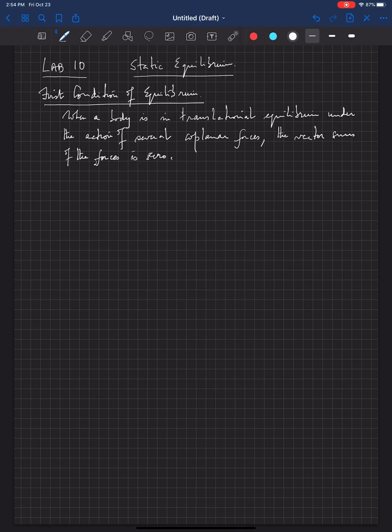Okay, and so expressing this in terms of mathematics, the statement is that the sum of all the forces equals 0.